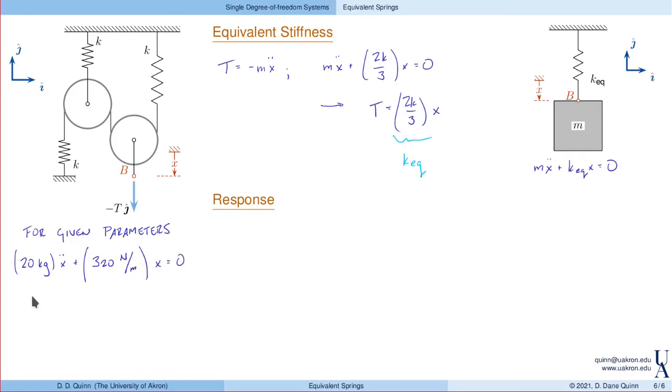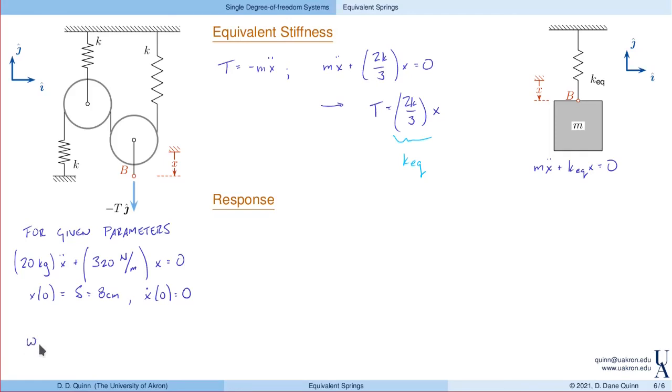We also need initial conditions. Well, we took the mass and pulled it down by 8 centimeters, right? So moving this down is an initial displacement, an initial value of x equal to 8 centimeters because x is positive down. And it was released from rest, so the initial velocity is 0.